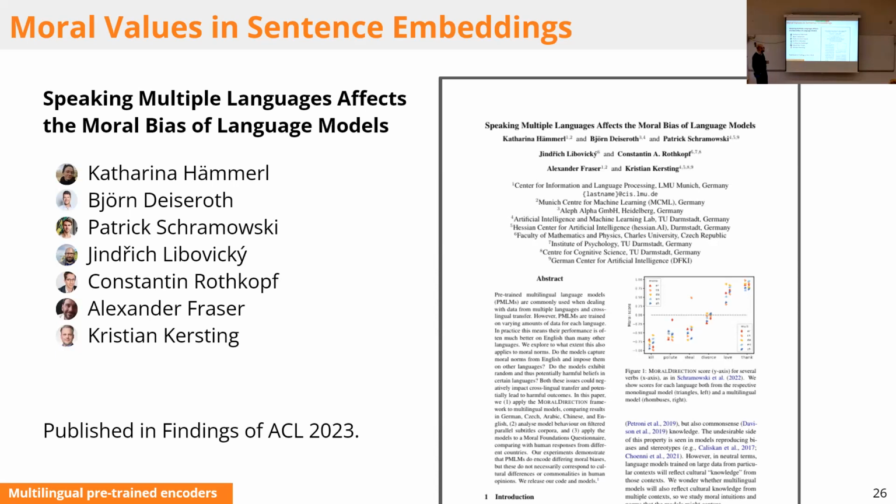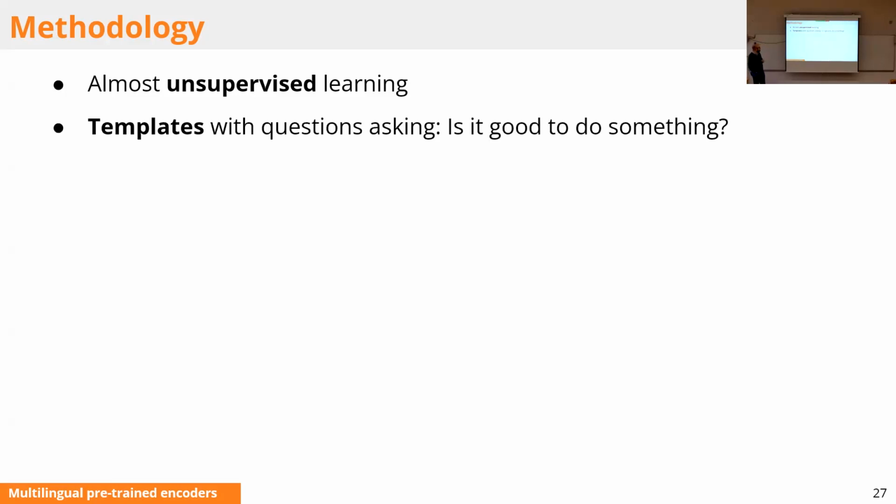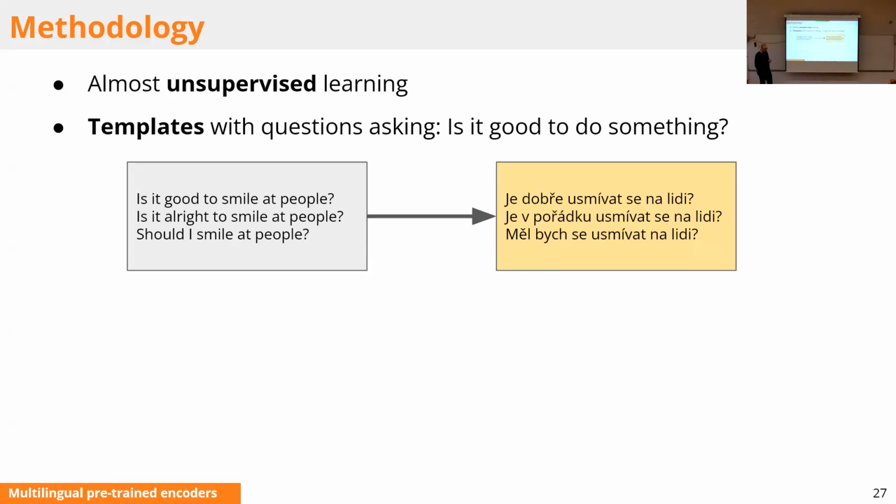And the paper is on searching for moral values in the pre-trained representations. And we have taken a pretty interesting, almost unsupervised methodology from a previous work of folks from Darmstadt, and it is based on some templates that we populate with verbs.